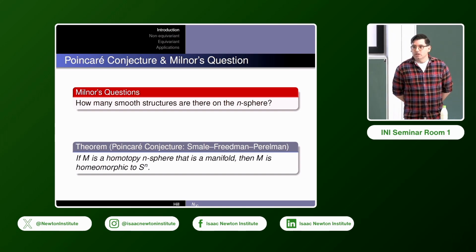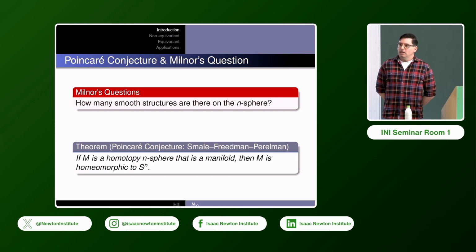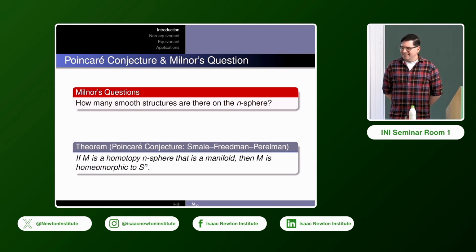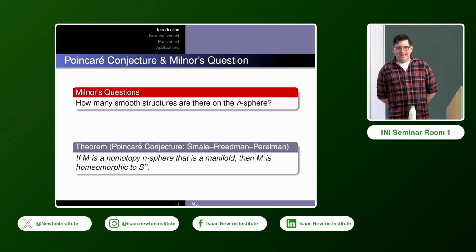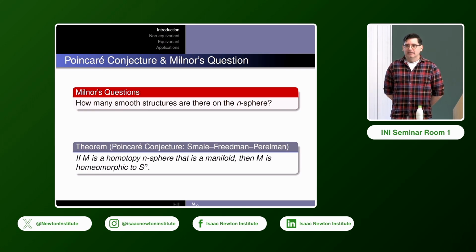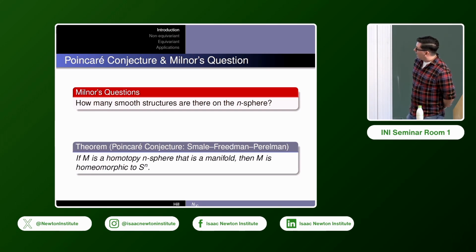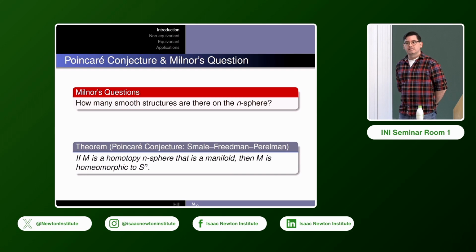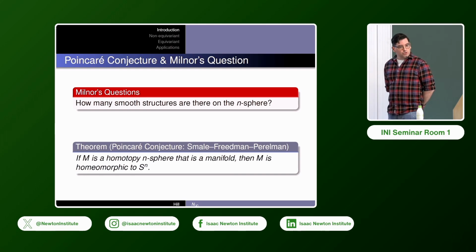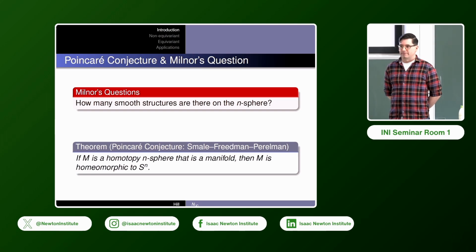But the others, they have a unique smooth structure. And it was thought that spheres, because they're not that far from Euclidean space, it's like one point away, how bad could it possibly be? And in the 1950s, Milnor shocked the math community by showing that the 7-sphere has exotic smooth structures. There are smooth structures I can put on the 7-sphere that are not diffeomorphic to the standard 7-sphere.